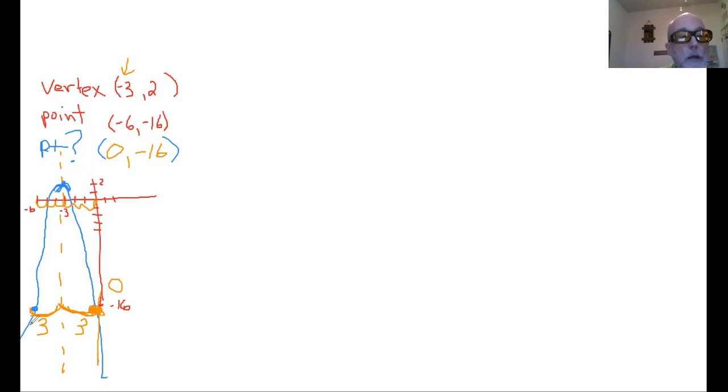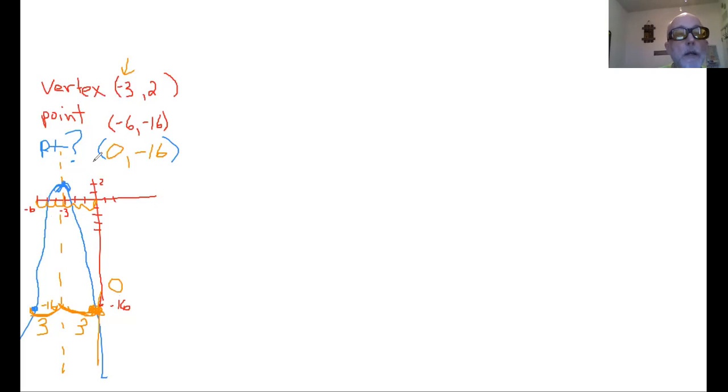Now, why is that? Because parabolas are always symmetric. The left side and the right side are symmetric. That means the y value has to be the same. This one's -16. If this one's -16, this one over here has to be -16. And if this one's 3 to the left of the center, the other one has to be 3 to the right of the center.